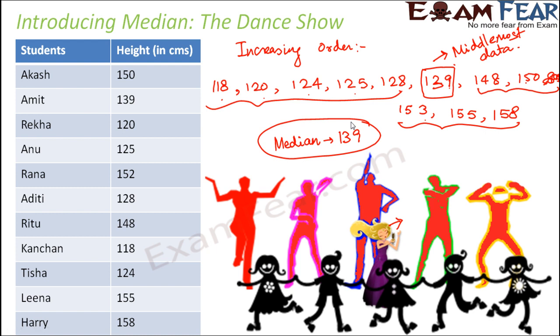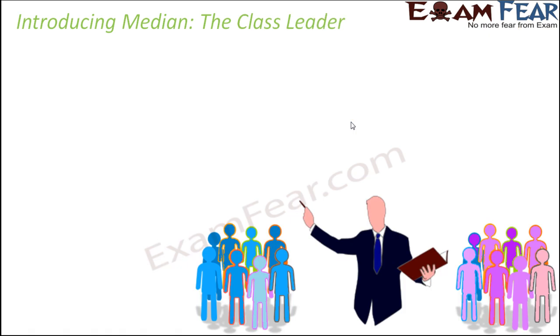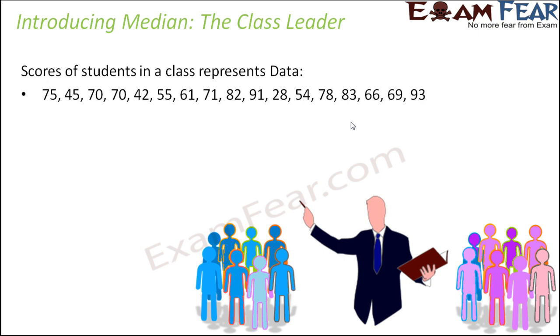Fine. So now let us look at another example of finding median. Let's say that the teacher decided to divide the total number of students in a class into two sections depending on their scores. And the scores of the students in a class is as shown on the screen.